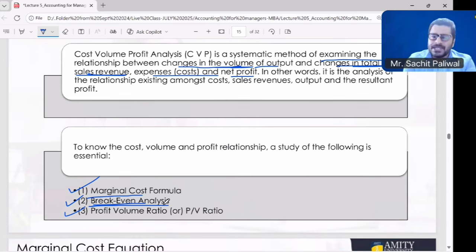Is it necessary for every businessman, every manager, every management to know the break-even point? Is it compulsory to know it? If we don't know the break even, then what will happen? Like you are in first semester, you are all aware of the passing marks. And those who are not aware are still searching for the passing criteria.